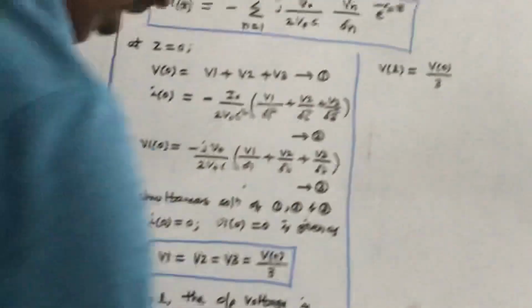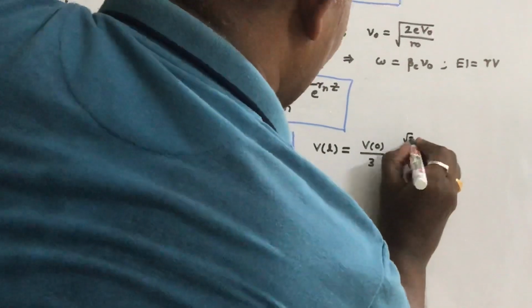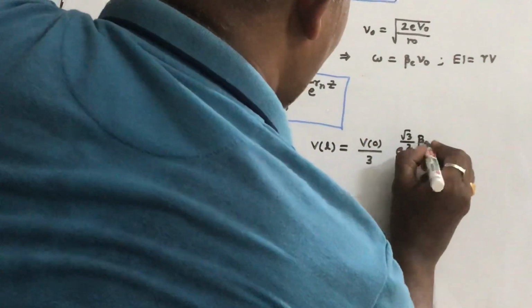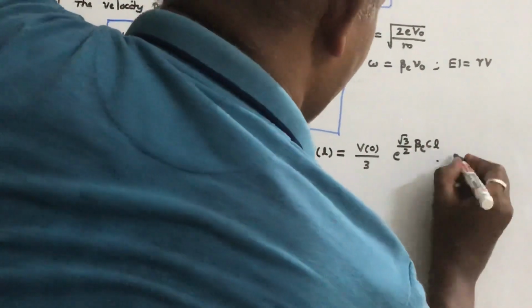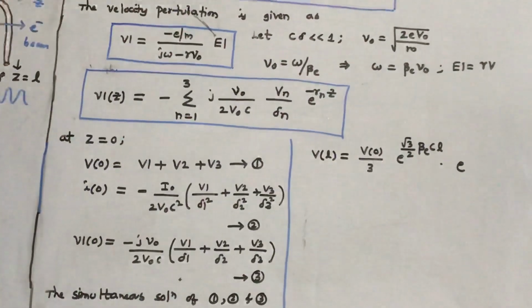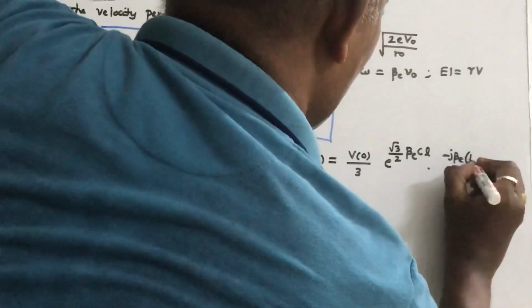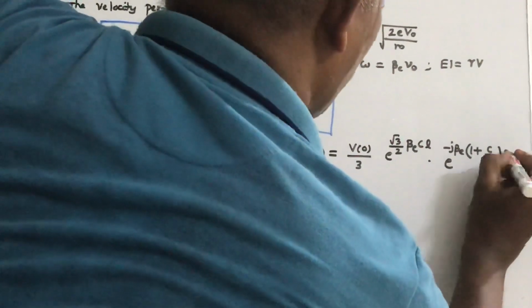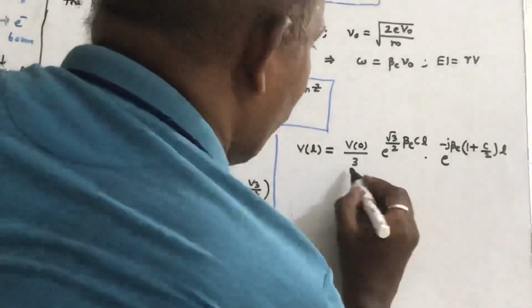Separate exponential terms. So this is written as e power root 3 by 2 beta e into C into L, into exponential term of minus j beta e into 1 plus C by 2 into L. So what is the amplitude of the signal?